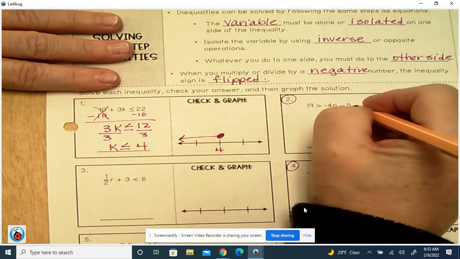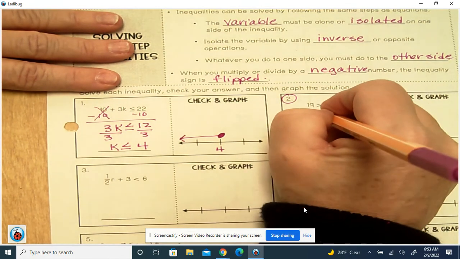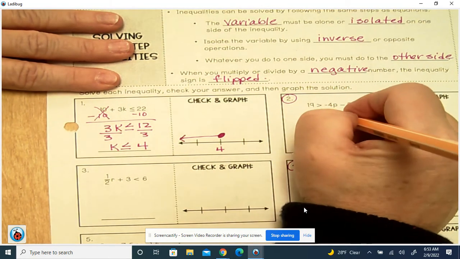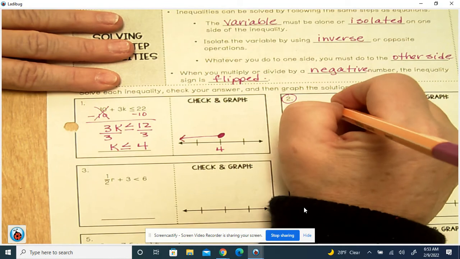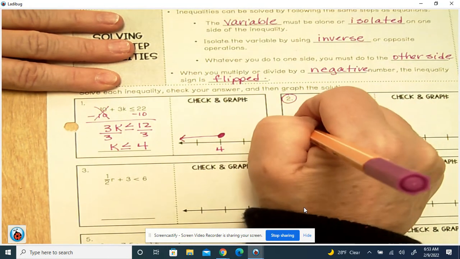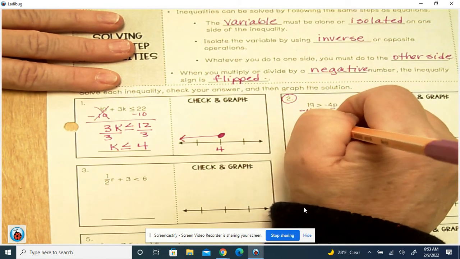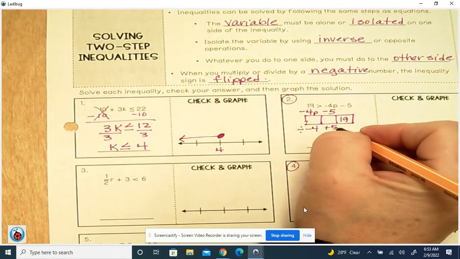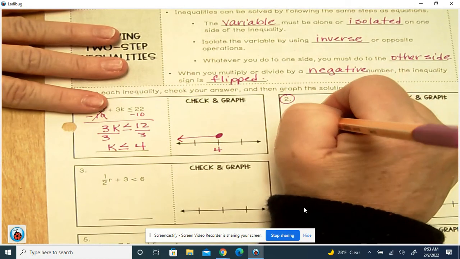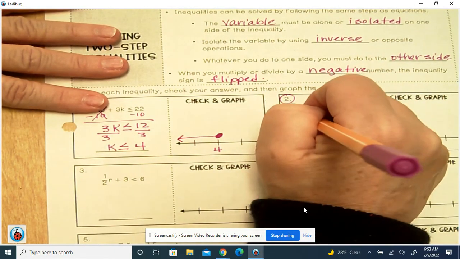All right, here I'll do the box with this one. We've got 19, minus 5, and minus 4p. That's multiply, so we're going to divide by negative 4 and add 5. So 19 plus 5 is 24. 24 divided by a negative 4 is a negative 6.